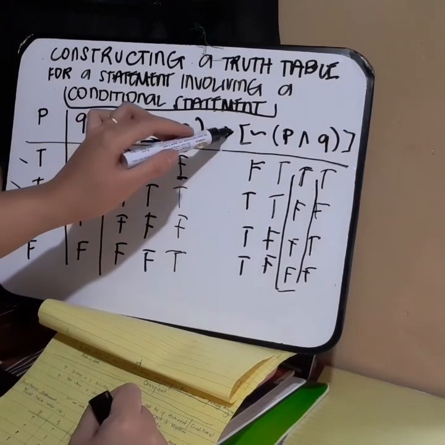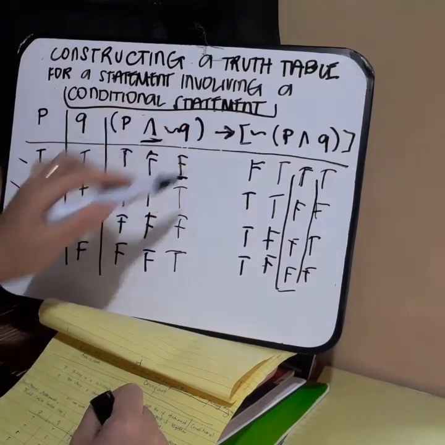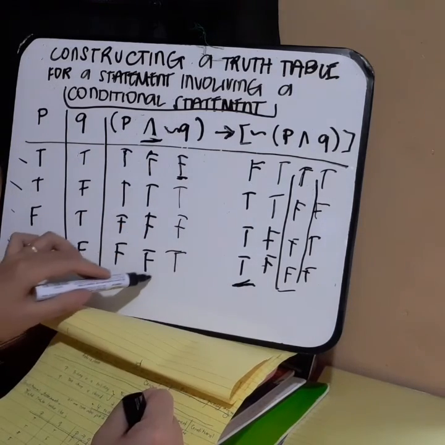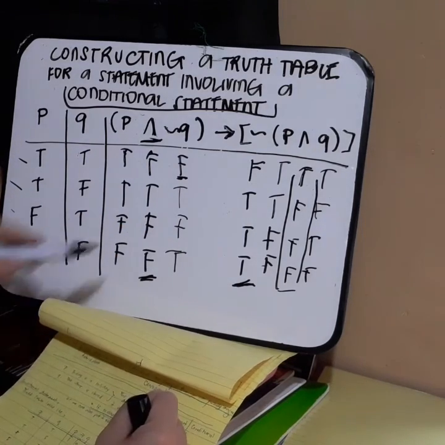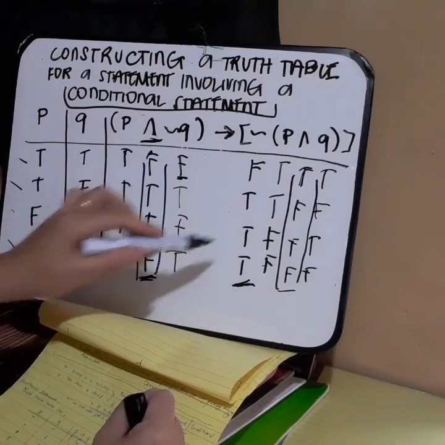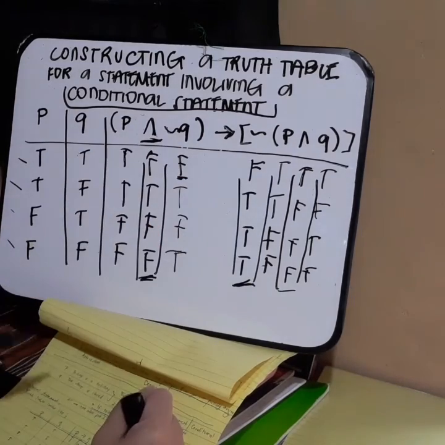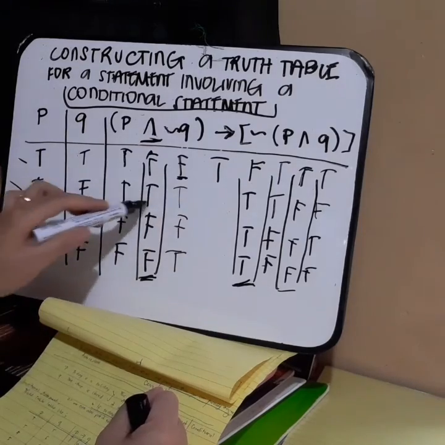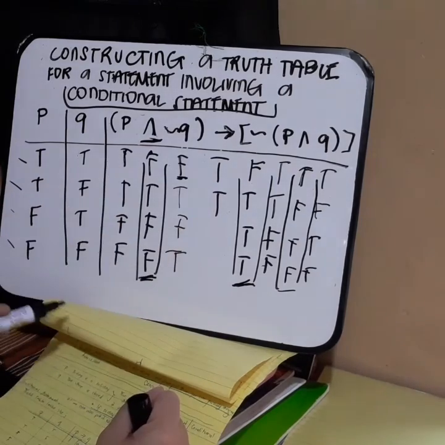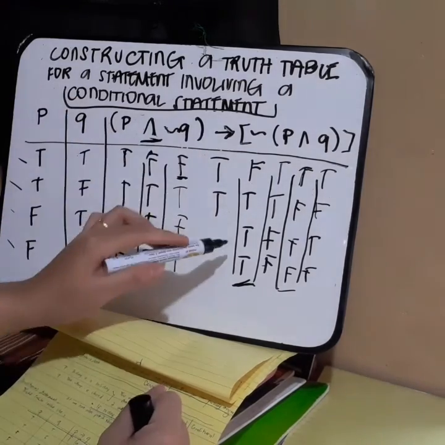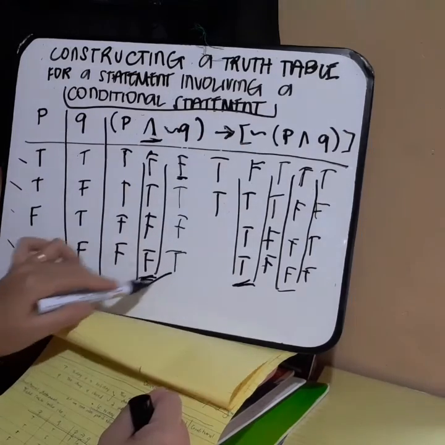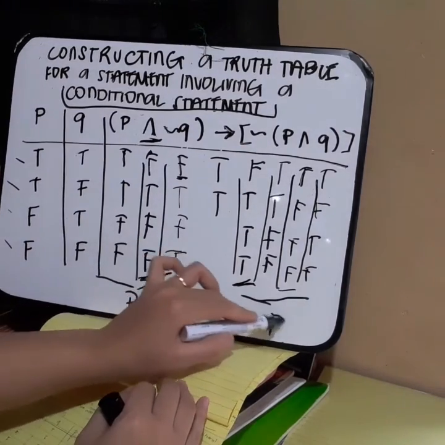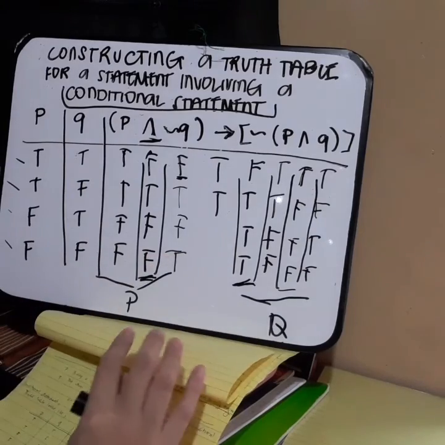Paano natin makukuha yung if P, then Q? So, yung huli nating sinagutan, ito at ito, ikukumpara natin yan ngayon. Yan yung gagawa natin ng solution. So, false, false, it will become true. True, true, it will become true. And conditional statement, whatever, kasi ito yung magiging P natin, and this will be the Q statement.